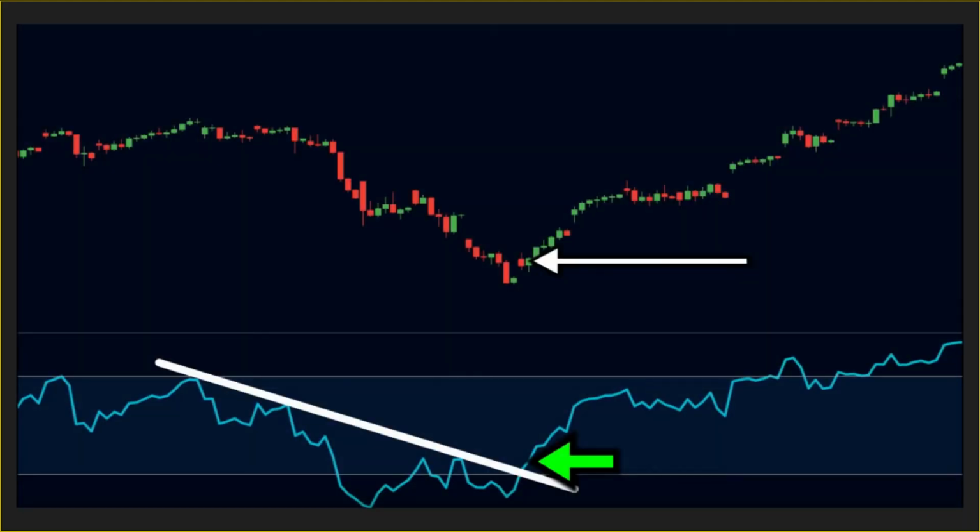So here's an example of a trend clearly labeled on the RSI. We were able to draw our trend line on the RSI, and we see these consecutive lower highs. At the same time, we're seeing price continue to fall, right? So it makes sense.